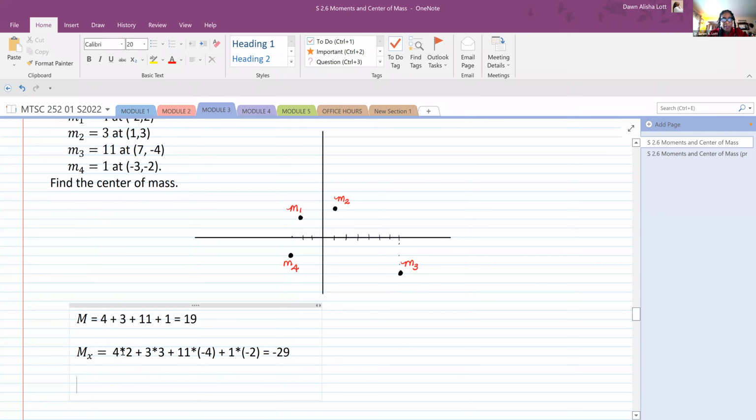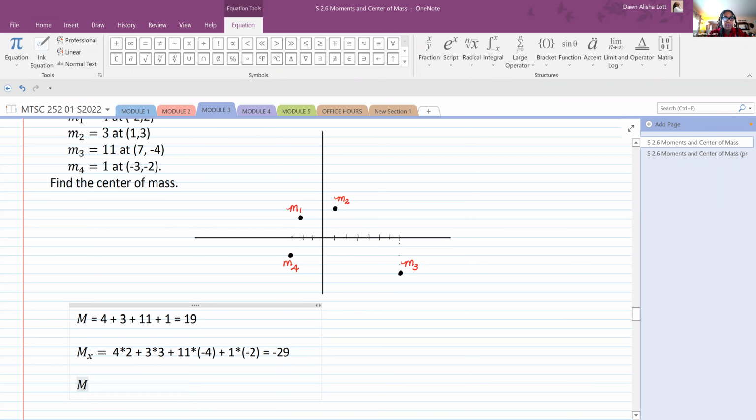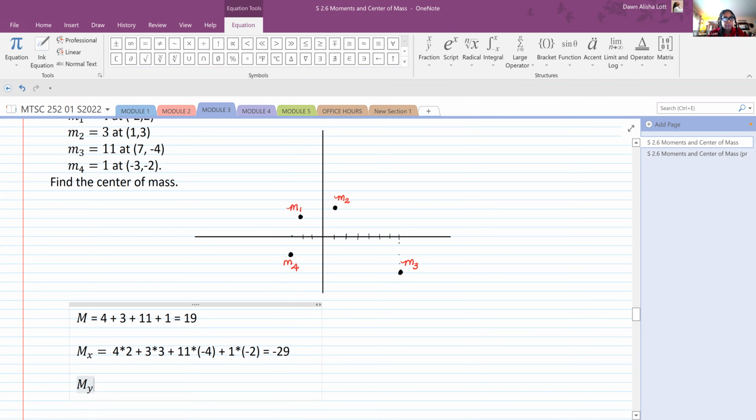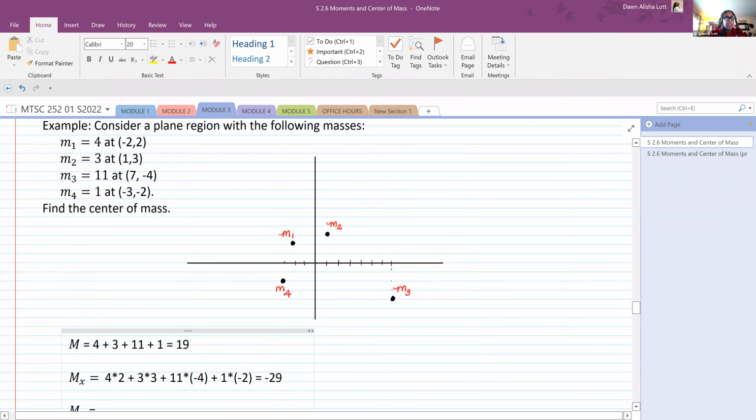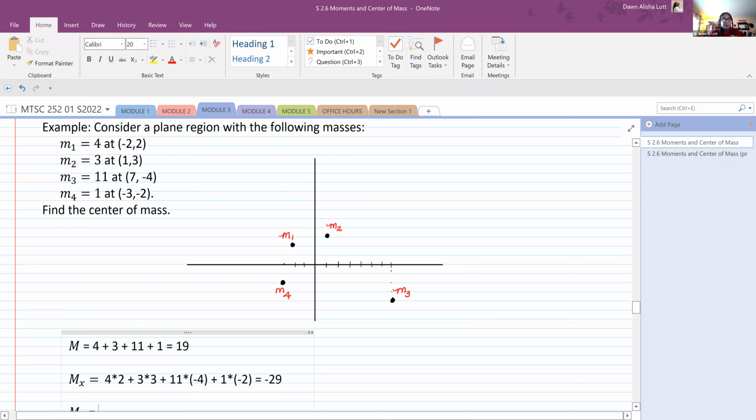And then we need to find MY. So we need now the masses times the X values.